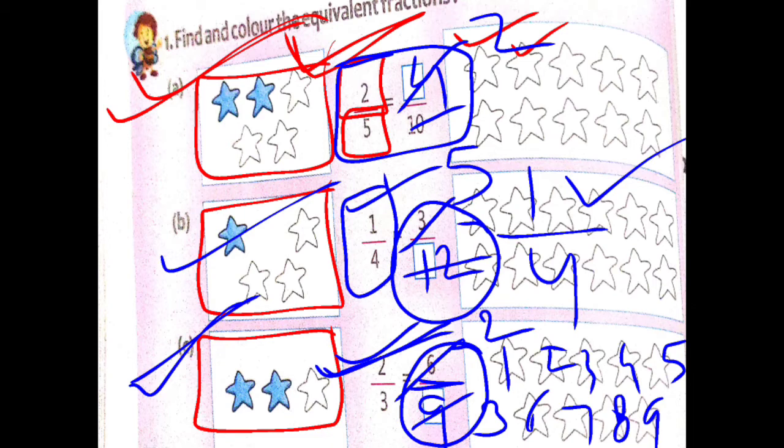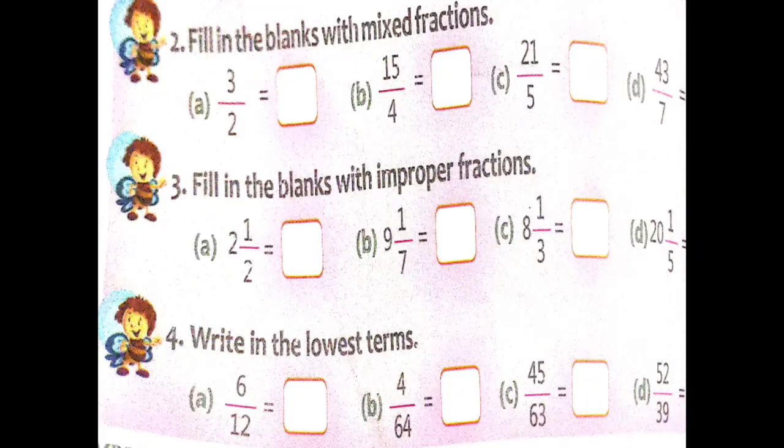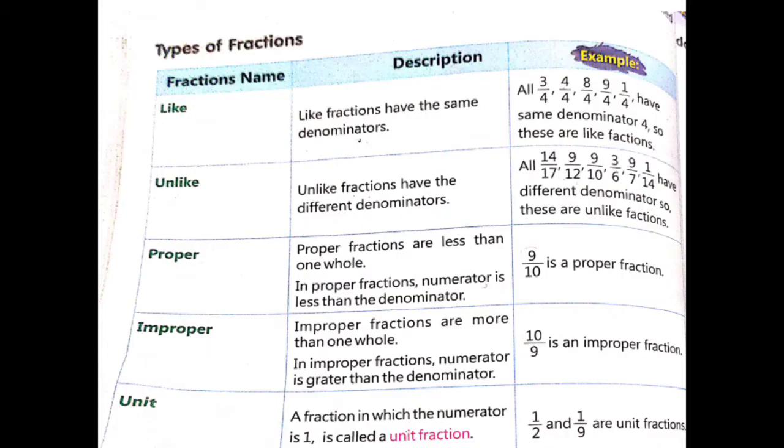Okay. Now come to the next topic, that is related to the types of fractions. How can you find out the types of fraction? There are some types given in your chapter. Those are like fractions. Like fractions means the fractions which have the same denominator.